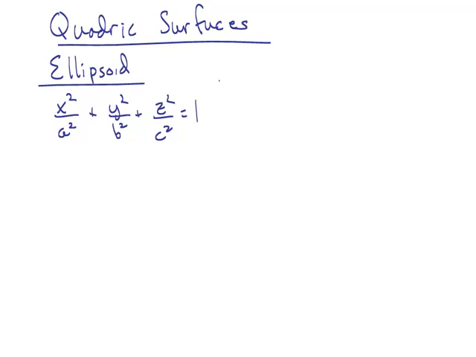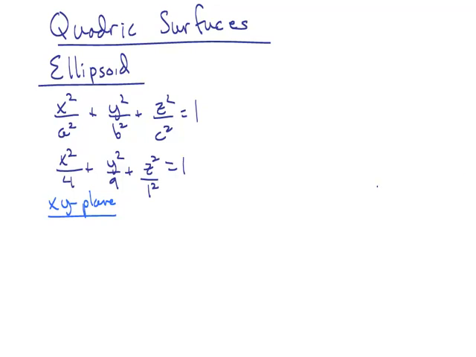Let's look at a specific example: x squared over 4 plus y squared over 9 plus z squared equals 1. If you like, you can think about that as z squared over 1 squared.